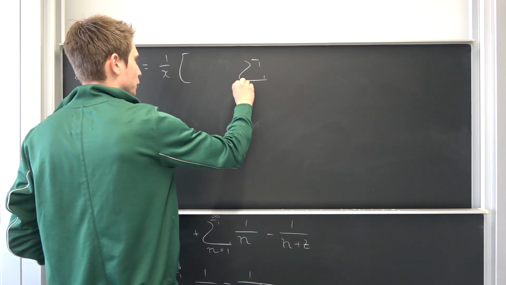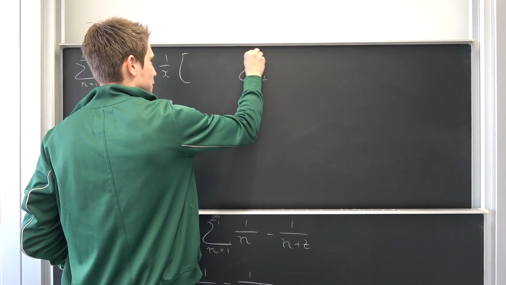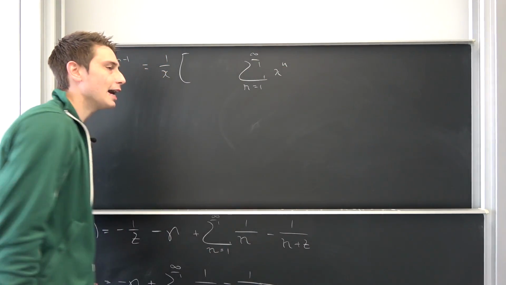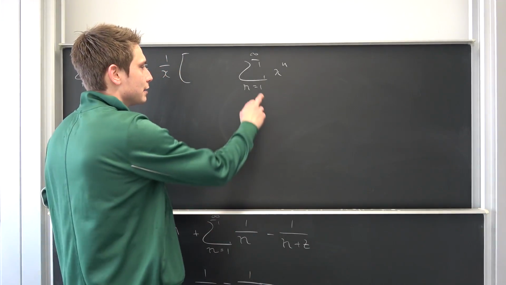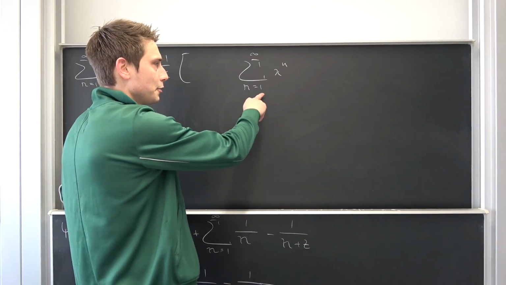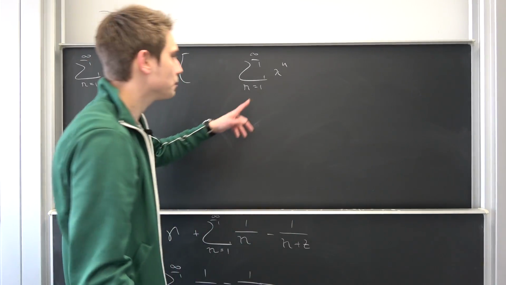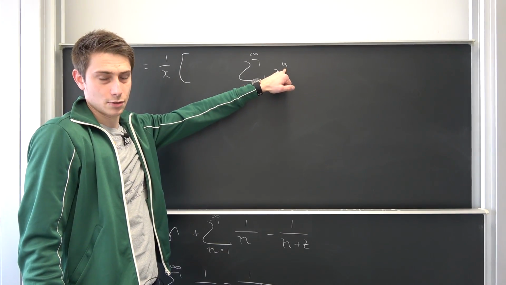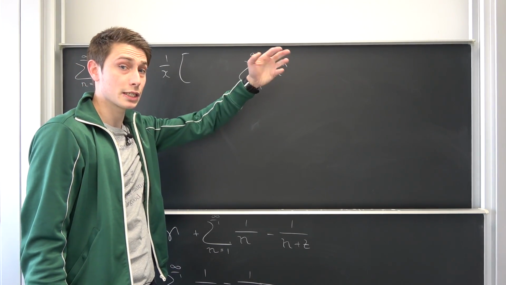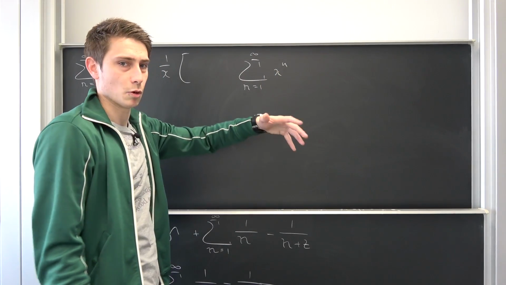Times the sum running from n equals 1 to infinity of x to the nth power. And yeah, here's where another bit of magic is going to happen. You see, we have kind of the geometric series right here. So all that's really missing is our 0th term, okay? But if we plug 0 into here, x to the 0th power is just 1. So we are doing the same algebraic manipulation as most of the time.